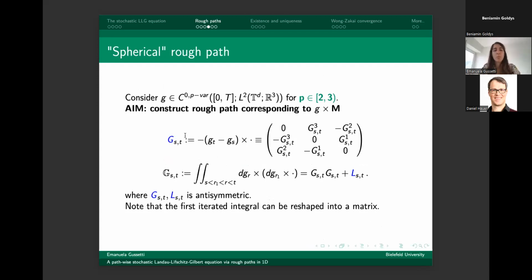So here we want to reshape our first iterated integral into a matrix. And the second iterated integral is itself a matrix that can be decomposed in a product of two antisymmetric matrices plus an antisymmetric matrix. And this is giving some nice rules of calculus that we need.